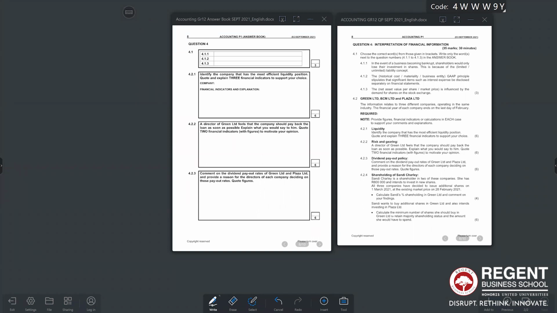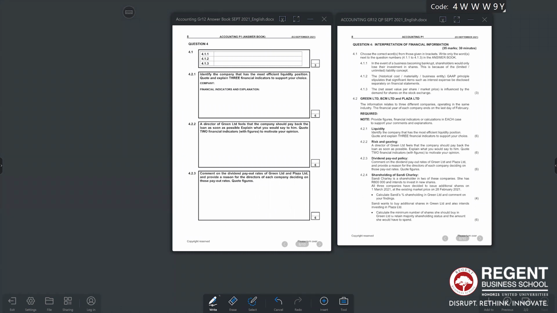You can't combine them with salaries and other sundry expenses. That is because of the materiality concept. Anything significant, anything important, must be disclosed separately.